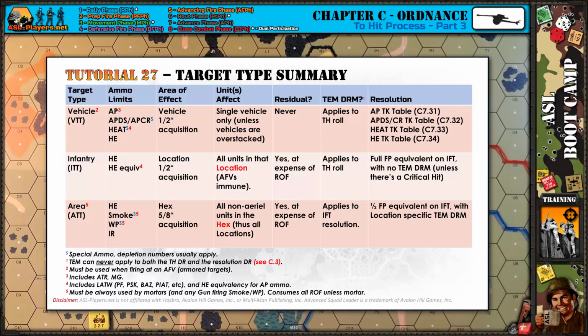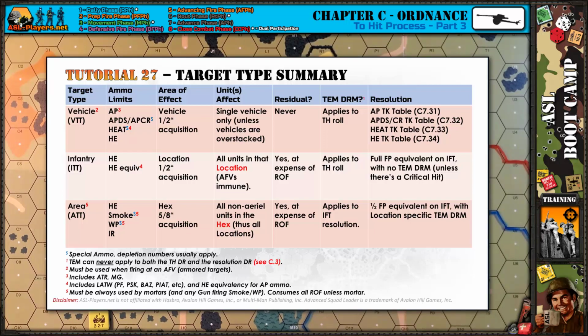Area, you have some choices depending on the type of weapon you fire, and if you want to affect things in an entire hex, every location in a hex, versus just one location. If you're just looking for one location, you might want to fire HE on the infantry target type. If you want to affect everything in a hex in all locations, you might want to use area target type. But again, there's a trade-off between firepower, resolution, and terrain die roll modifier between those two.